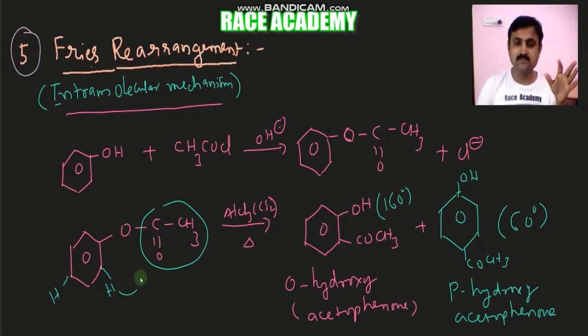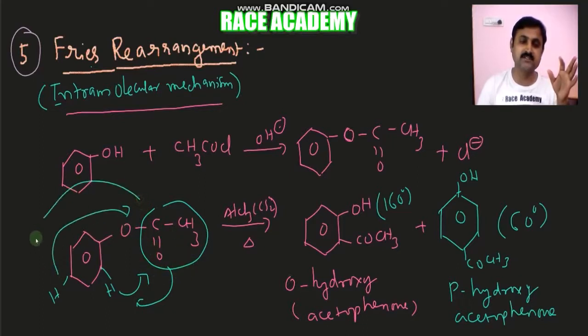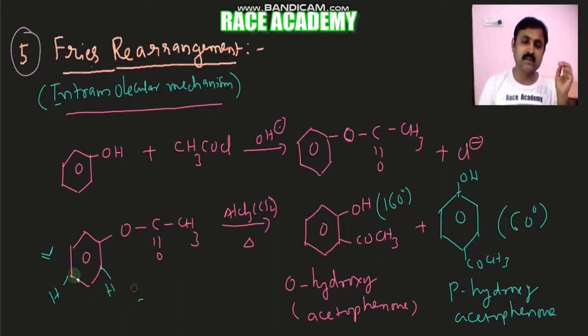If this rearrangement takes place, both ortho and para products are possible. So that's why we say the Fries rearrangement is the most important kind of rearrangement in the phenol reactions involving the OH group.